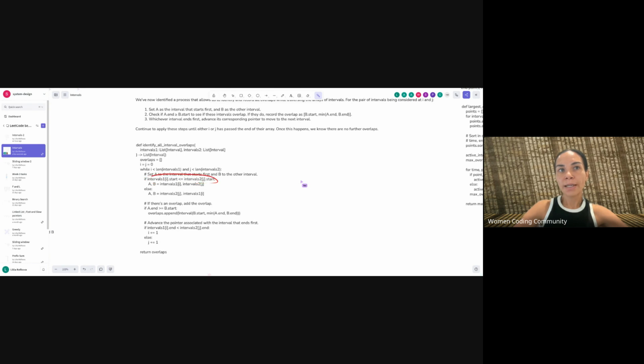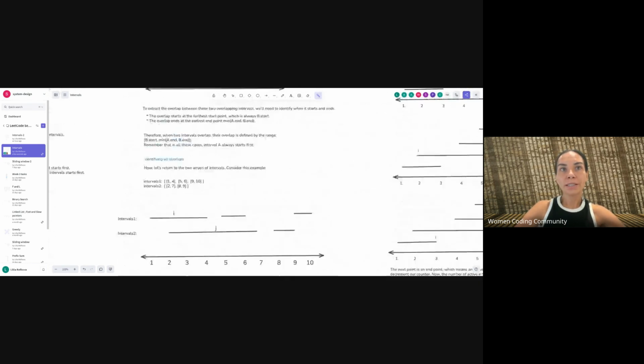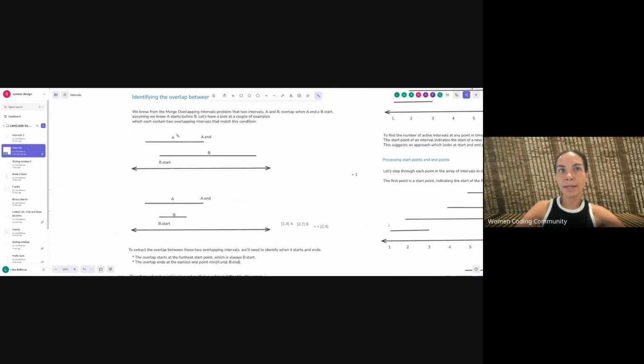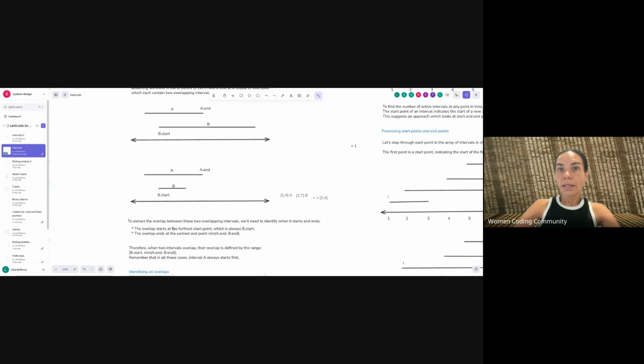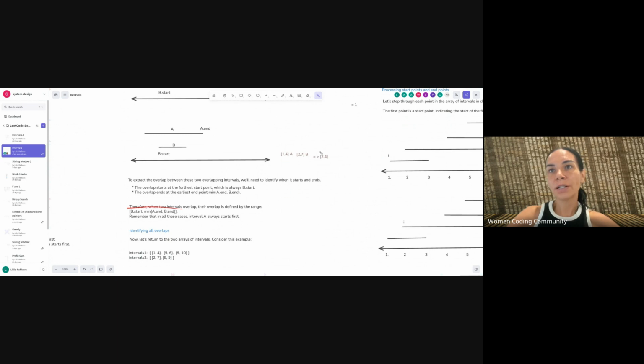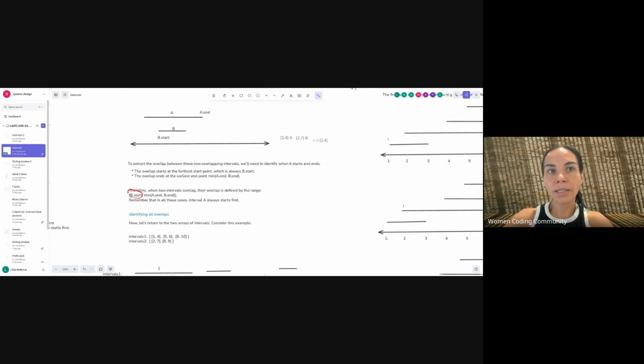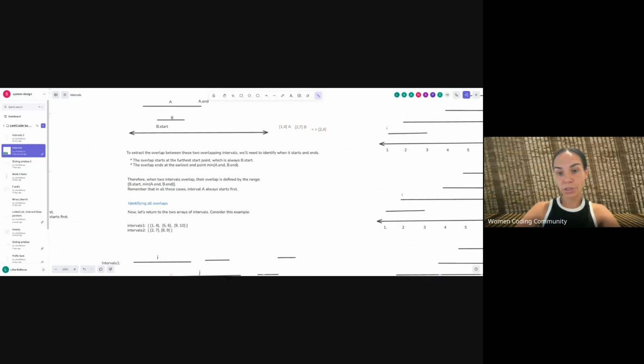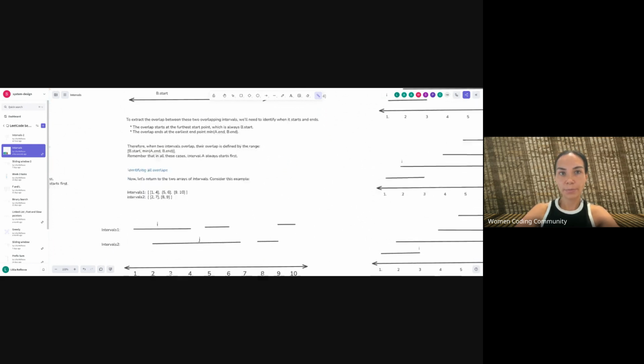For now, just assume that we know A started earlier than B. With this knowledge in hand, we can identify the formula for the intersection of both intervals. It will be our B start, and instead of finding the max, as we did for merging intervals, we will look for the min of the ends. That will be the intersection of those two intervals.